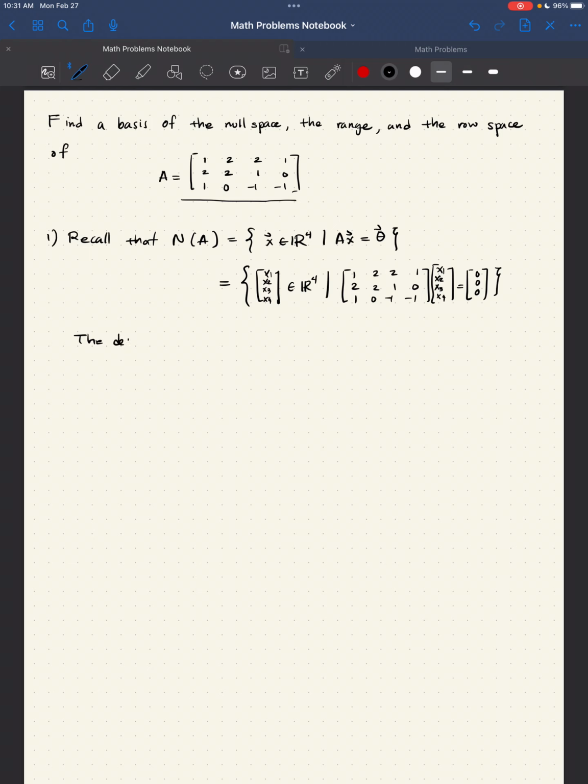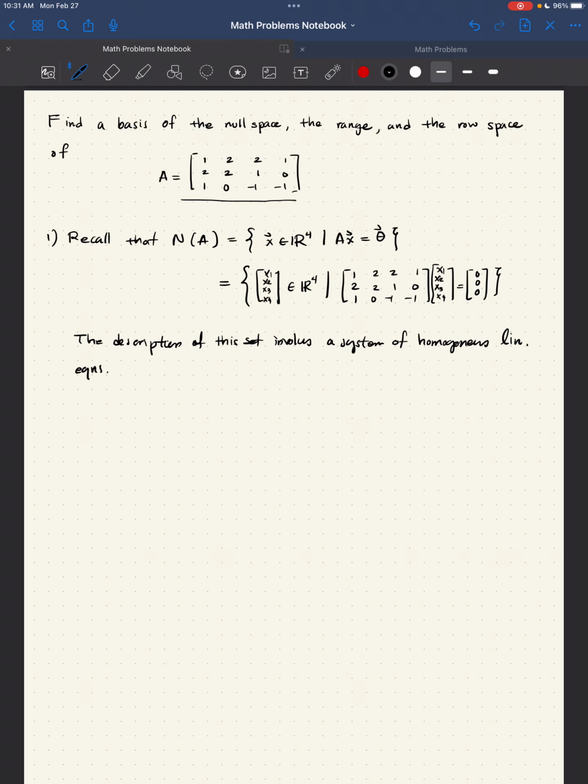The description of this set involves a system of homogeneous linear equations. What would be that system?